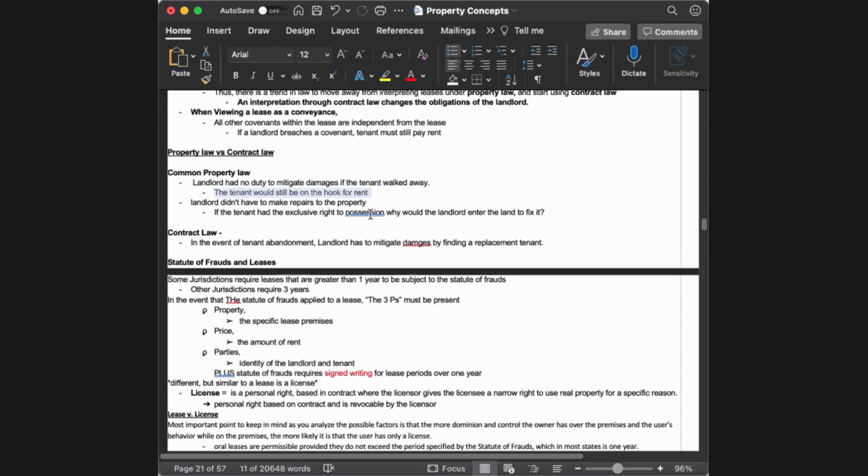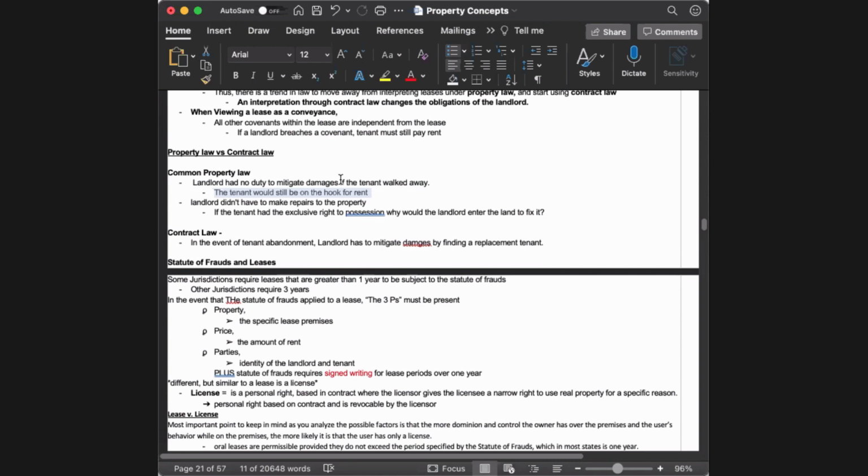The tenant would still be on the hook for rent. We'll get to another part of this where that's totally different. So this is an instance where the tenant breaks the lease and leaves, and stops paying rent.